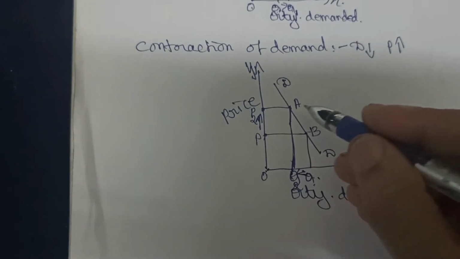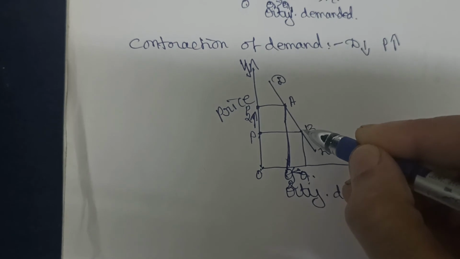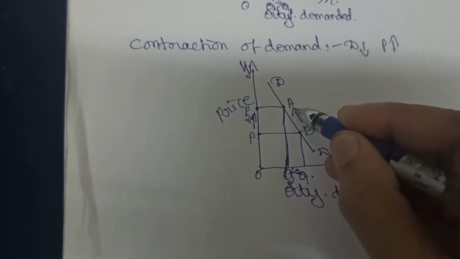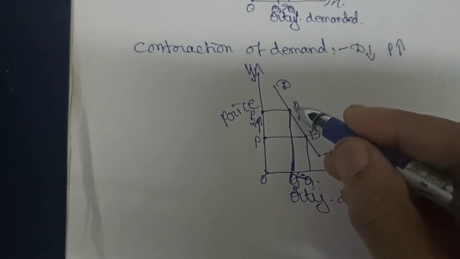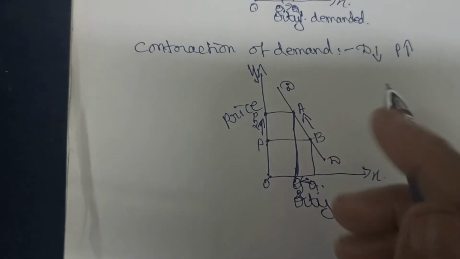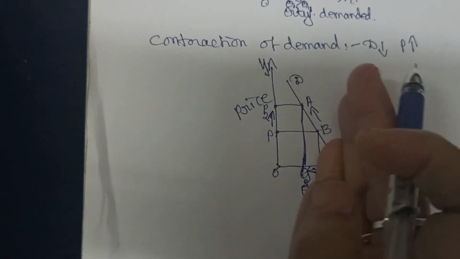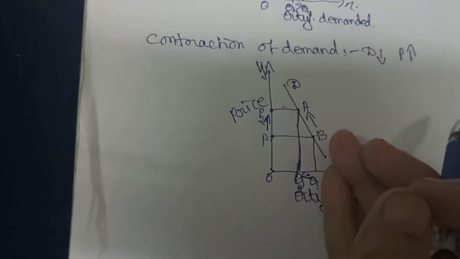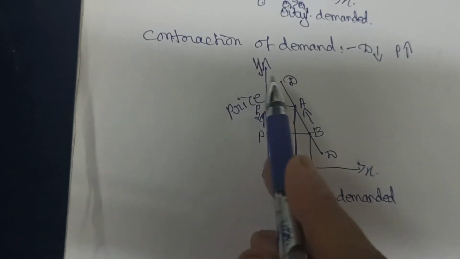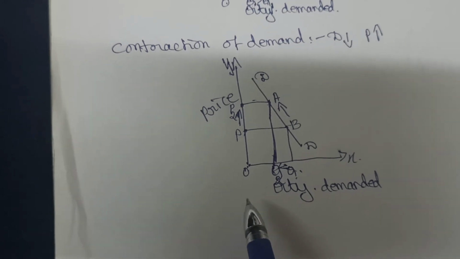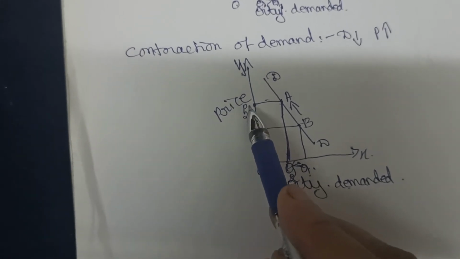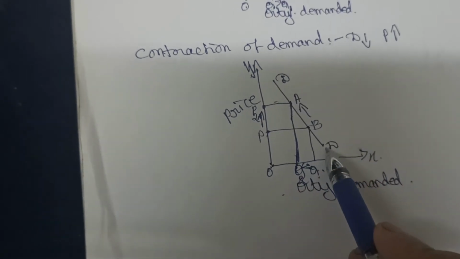So the movement is on the same demand curve from point B to A. That is called contraction. Upward movement on the same demand curve, or movement on the demand curve from right to left, B to A, right to left, is called contraction of demand. You have to explain the diagram. Quantity demanded is shown on the x-axis and price on the y-axis. DD is the demand curve.